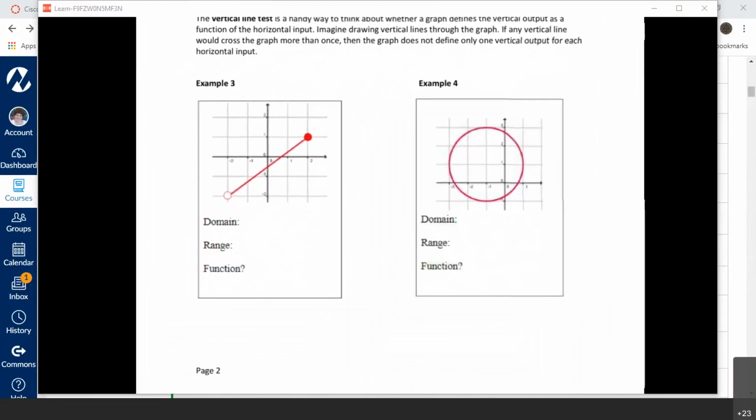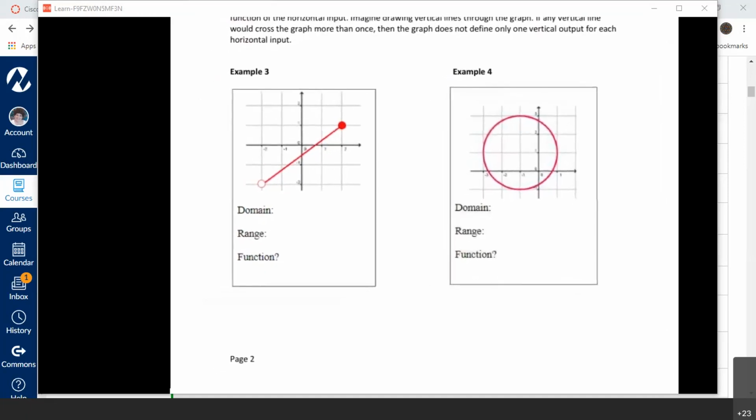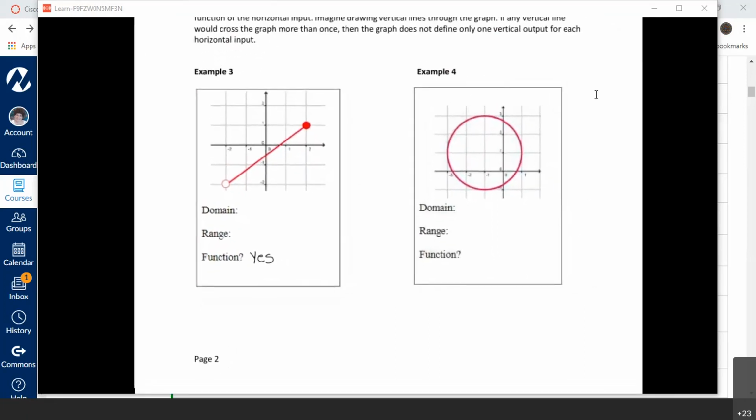In other words, if you can draw vertical lines everywhere on the graph of a function and not hit it more than once, then it's a function. How do you know that? Well, that's telling you there aren't 2 output values for the same input. Remember, output values are going to line up vertically if they're the same. Okay? So what I have here in the first example is a function, yes, because it passes the vertical line test.